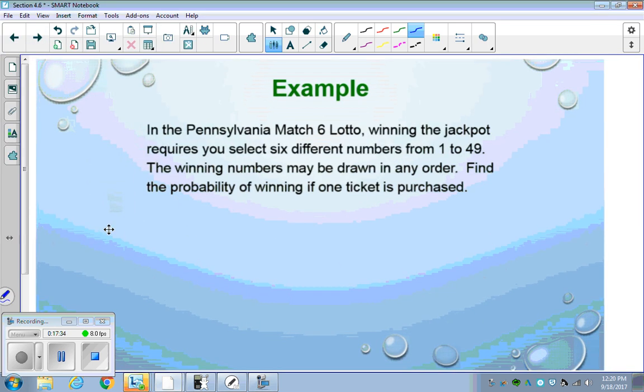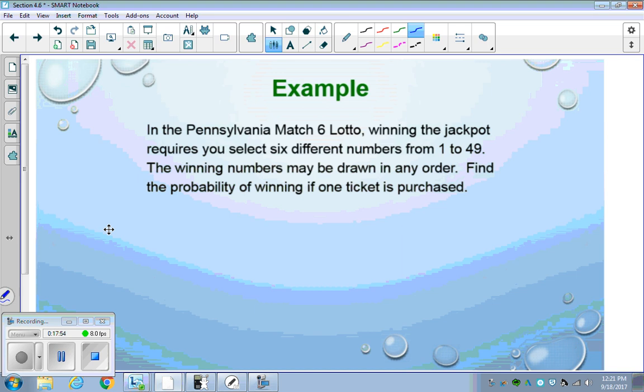Okay, here we go. In the Pennsylvania Match 6 Lotto, winning the jackpot requires you to select 6 different numbers from 1 to 49. The numbers can be drawn in any order. Am I using a permutation or a combination? A combination.